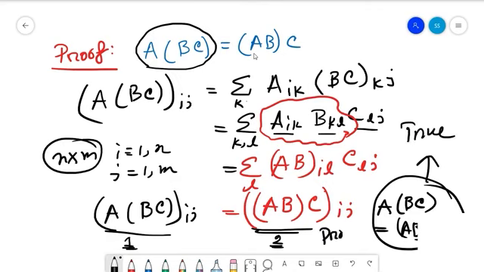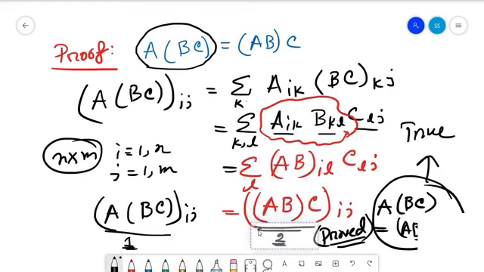Proved. Similarly, you can prove the second property as well. That is, the multiplication of a scalar doesn't matter when it comes to matrix multiplication. Okay, so we are done with the associativity part.